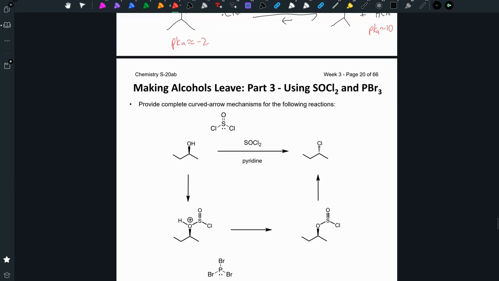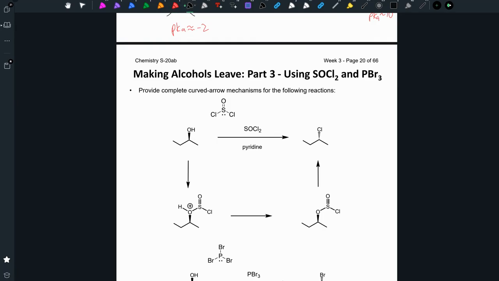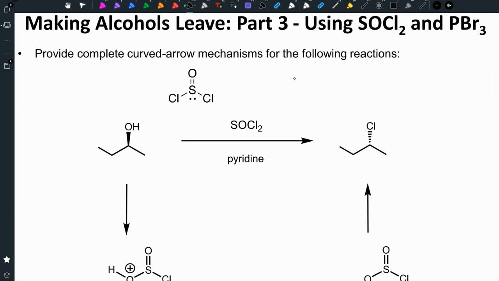One is called thionyl chloride. That's this SOCl2 molecule. I'm not a big fan of the way it's drawn here. I would prefer to draw it this way. But you often see that sulfur drawn with a double bond, breaking the octet rule.